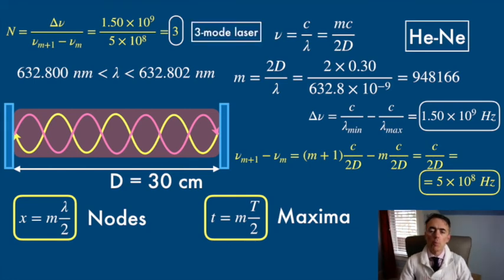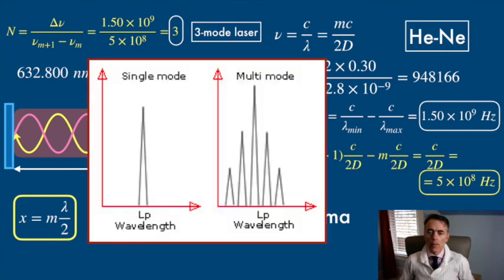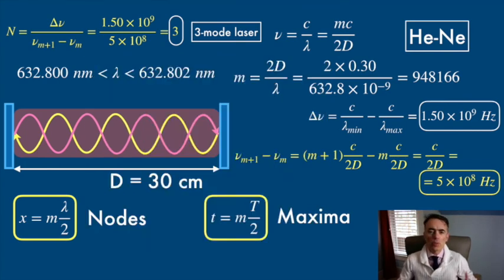This laser will be a multi-mode laser that emits 3 modes, which are the only ones that form standing waves in that cavity. These modes will be separated by those 500 megahertz. This is not a single mode laser that emits just one single frequency. If you want a single mode laser, you need to work with this parameter to only allow for one frequency.